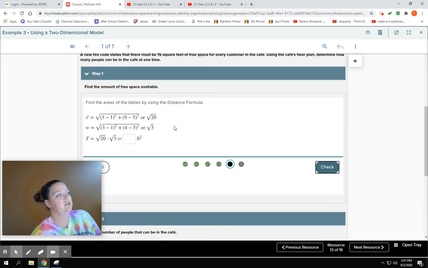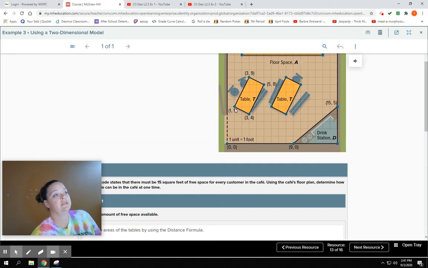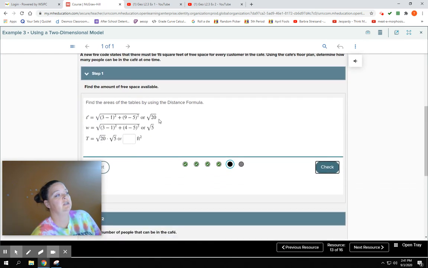Now we're going to take the numbers, the ordered pairs, the coordinates of these 4 corners of our table here so that we can find the areas of the tables. Okay, so we plugged in 3, 9 and 1, 5, and we got square root of 20, and 3, 4 and 1, 5, and we got square root of 5.